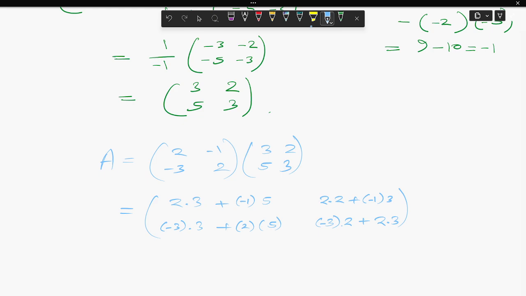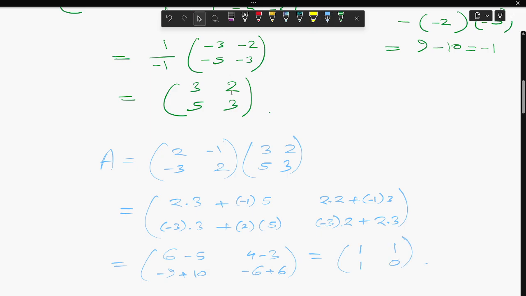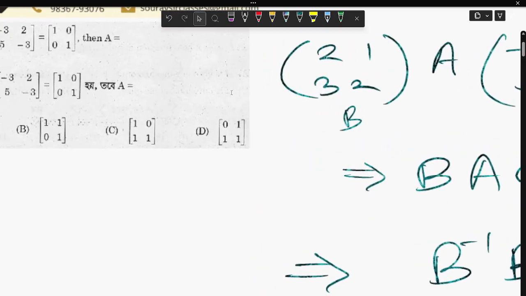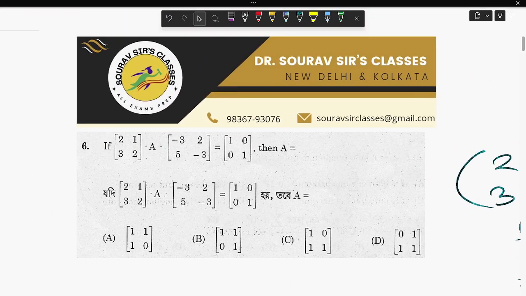That will be 6 minus 5, 4 minus 3, minus 9 plus 10, and minus 6 plus 6. So that equals [1 1; 1 0], and this is our A. Just using matrix multiplication, we solved the given question. The correct answer will be option A.